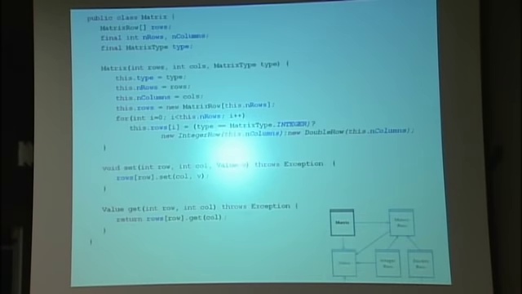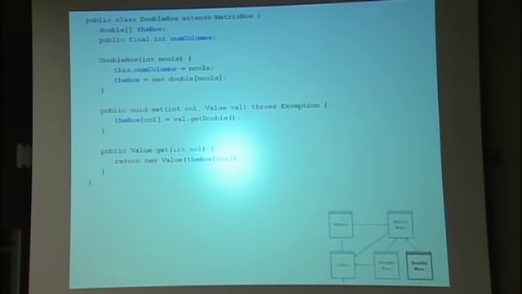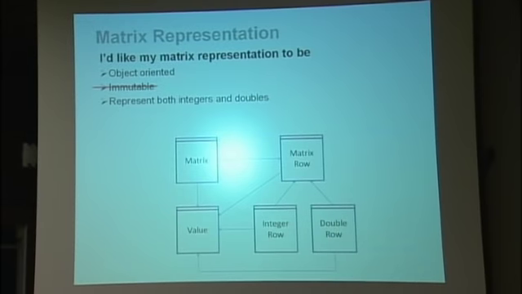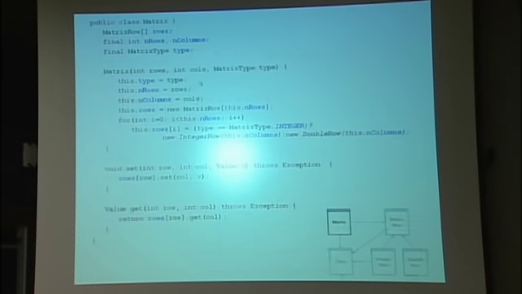And then I will go fast over the code. If you are interested, you can go look at the code here. What we did was, we still have issues like object orientation and the ability to represent both integers and doubles. What that means is each matrix can be an integer matrix or a double matrix.